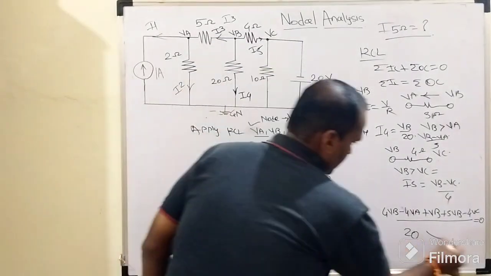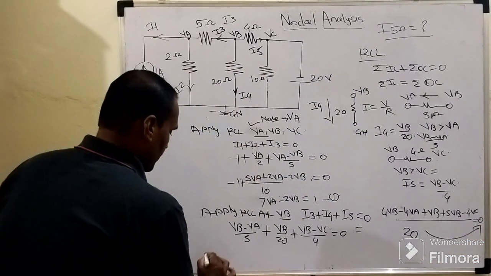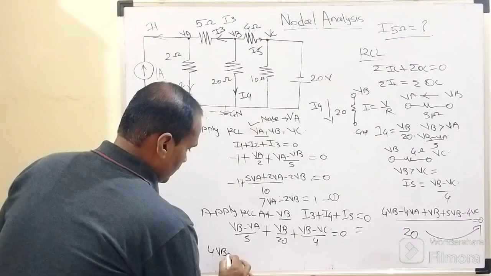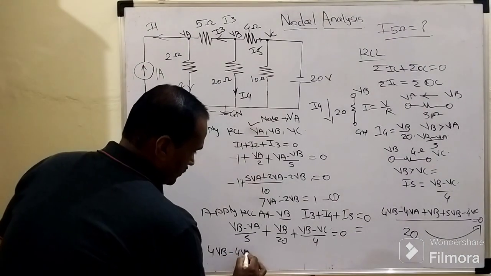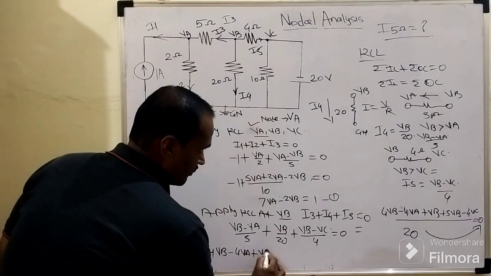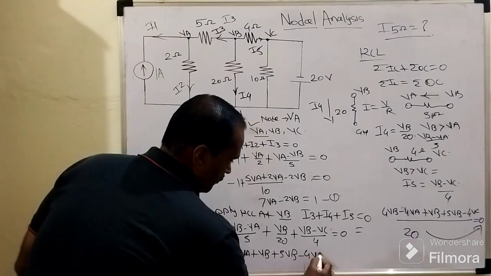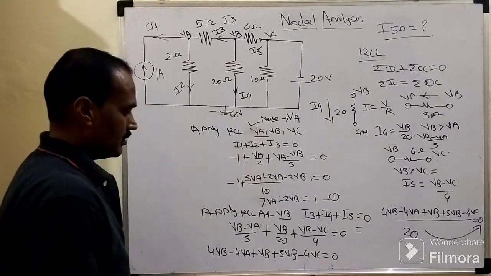This 20 gets multiplied with 0, so the equation becomes 4 times VB minus 4 times VA plus VB plus 5 VB minus 4 VC equals 0.